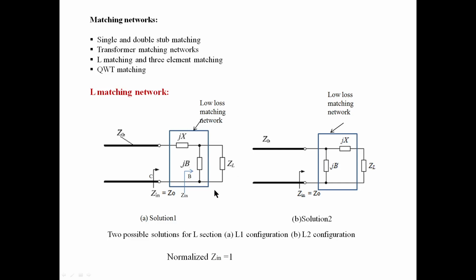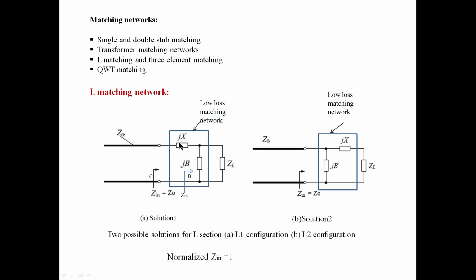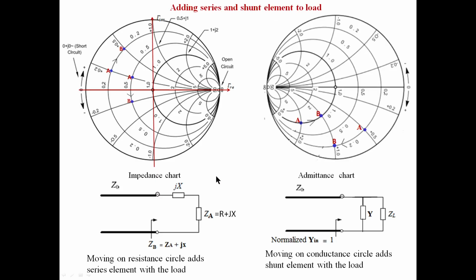How to add? That we can do easily from the Smith chart. See, a load is given, and we are adding a reactive element either in shunt or in series. Reactive element means capacitor or inductor. We are not adding a resistive element. Okay, only reactive, either capacitor or inductor.